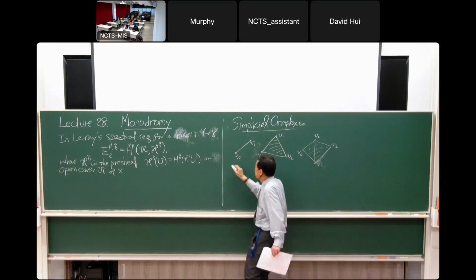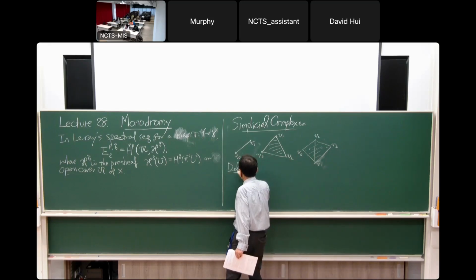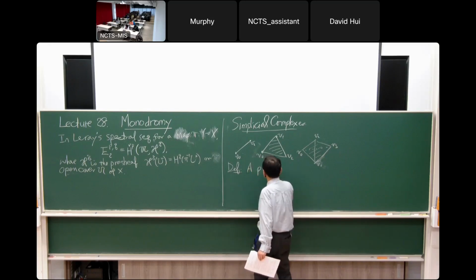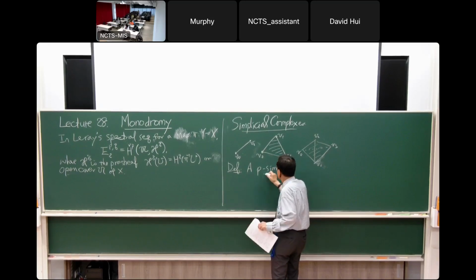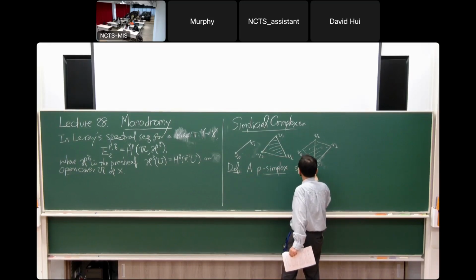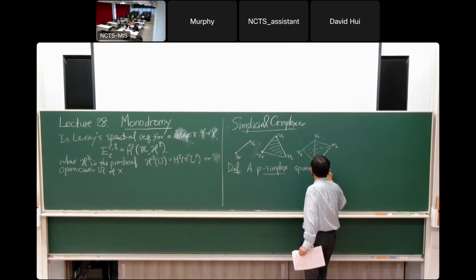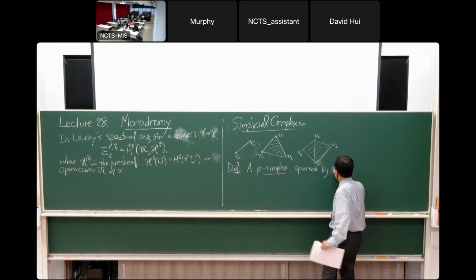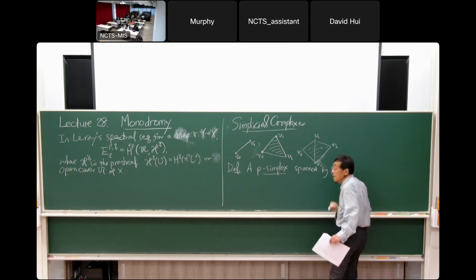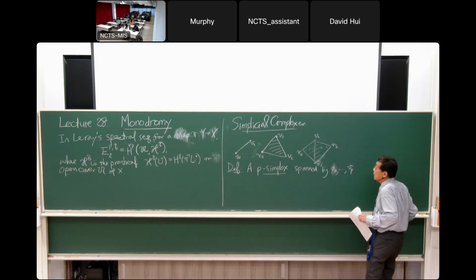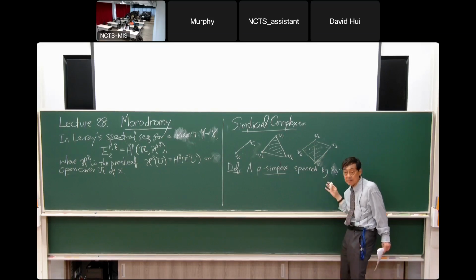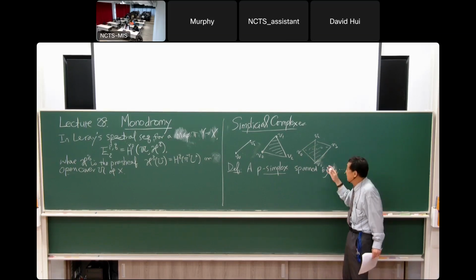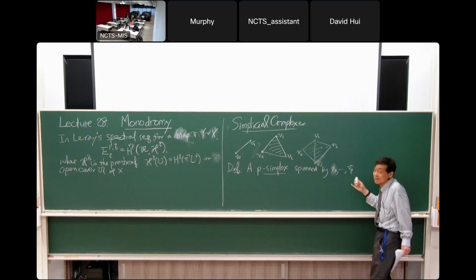Okay, so a p simplex spanned by p plus 1 points, v0 to vp, is basically all the convex linear combinations of these points, but these points have to be in general position.